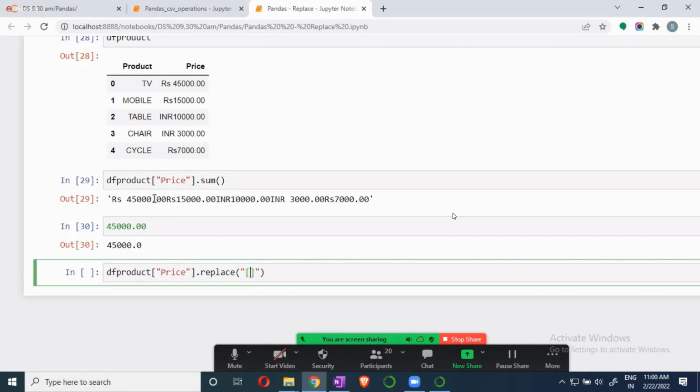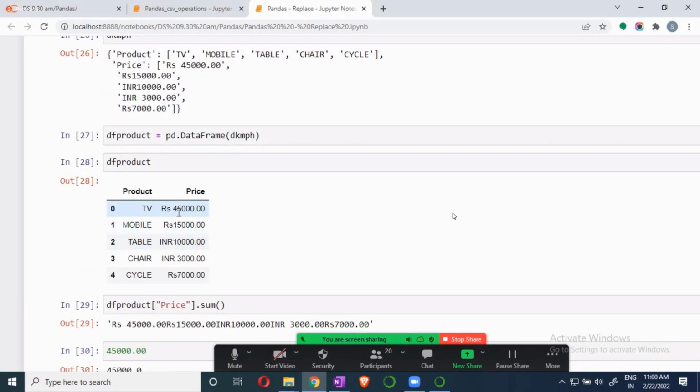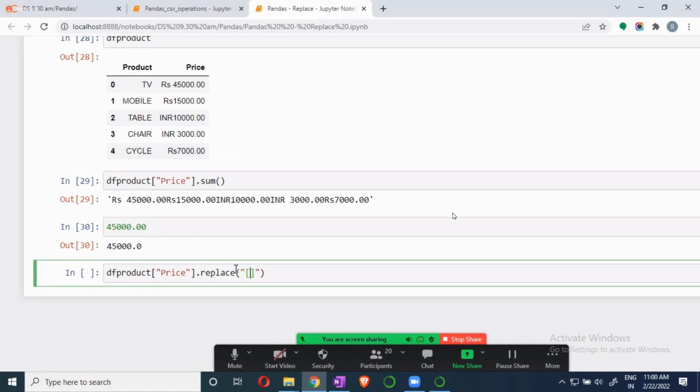The letters like Rs, INR, that is a to z or small a to z. Okay, that's it.